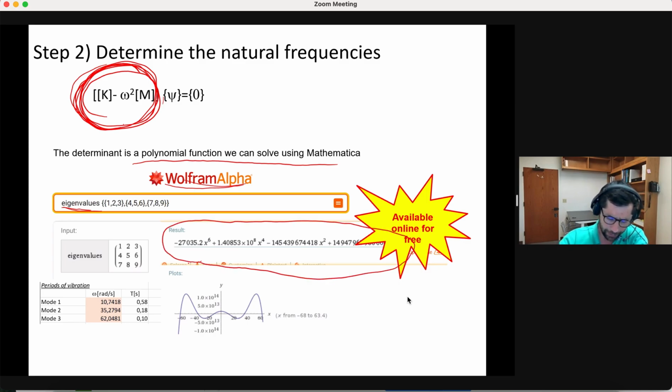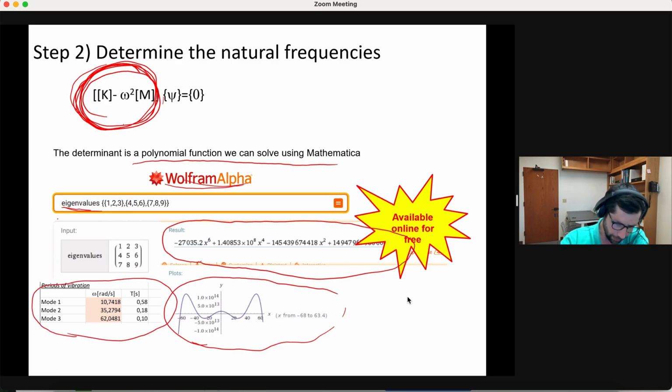Then, if you press enter one more time, the software is going to plot the equation and give you the roots. The roots of the equation are the frequencies of vibration of the system, okay? The frequency corresponding to mode 1 will be the smallest frequency. So omega 1 will be smaller than omega 2, which will be smaller than omega 3. And you will write them in order.